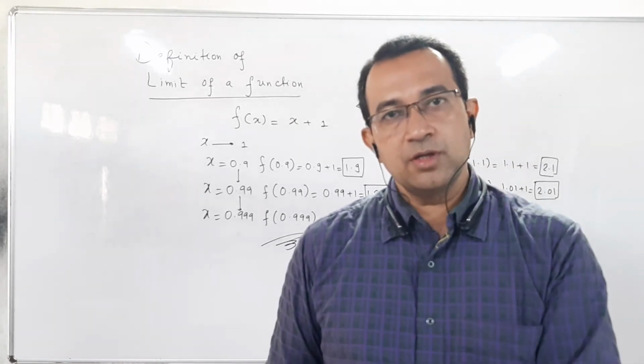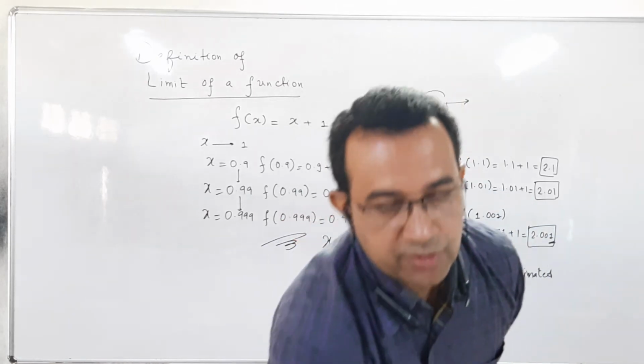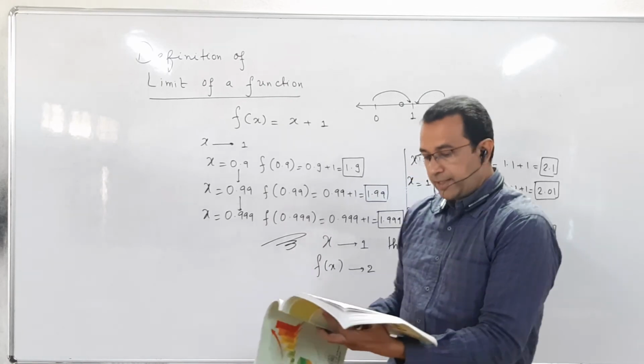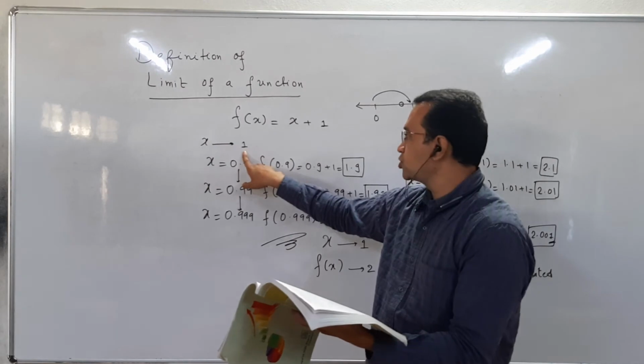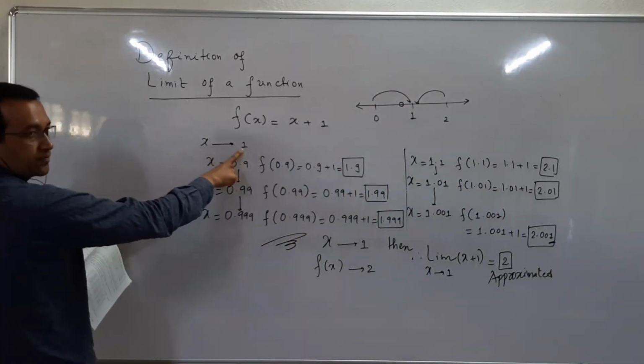So now I am reading the definition in terms of this example, students. We try to understand: when the value of x is brought closer and closer to a number a, here it is the number 1.